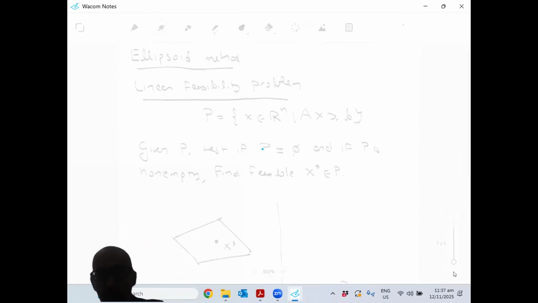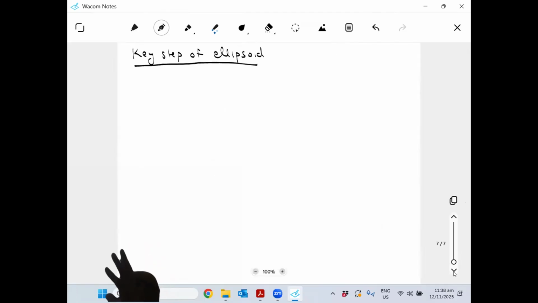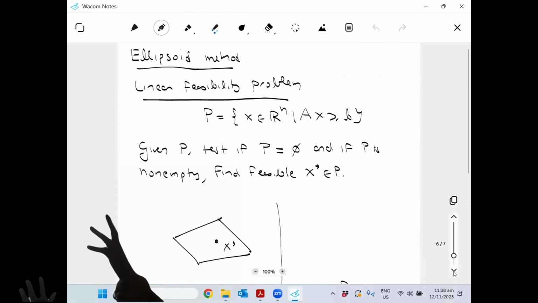Okay. So here's a key step of the ellipsoid method. There are lots of details, but for now, let's focus on the broad algorithm. First step, start with a large ellipsoid E naught that is guaranteed to contain P. P could be empty, and an empty set is a subset of every set.